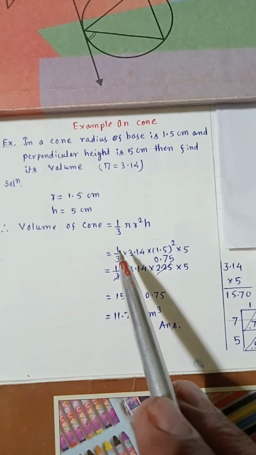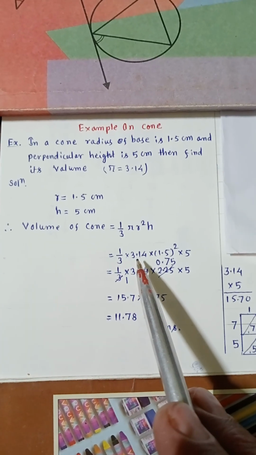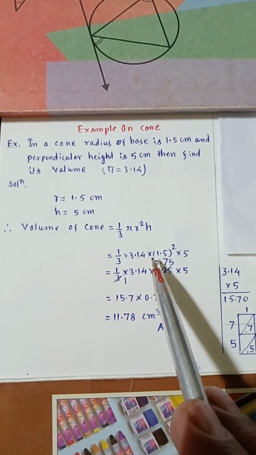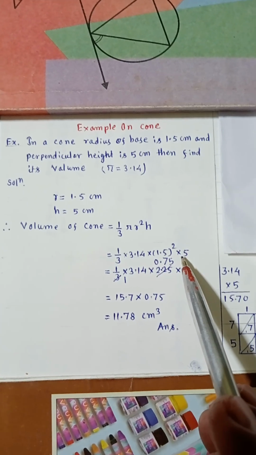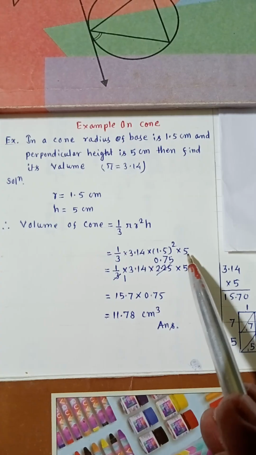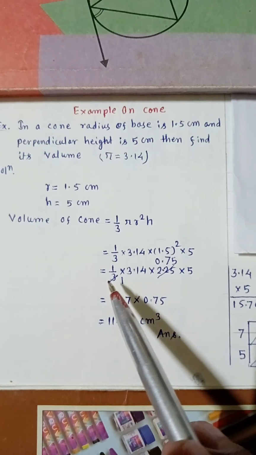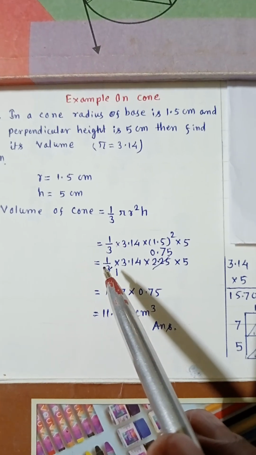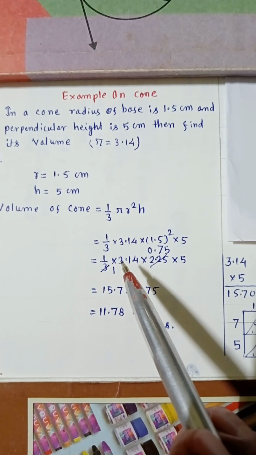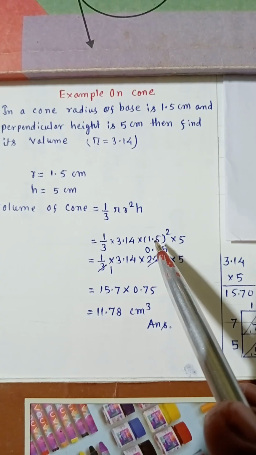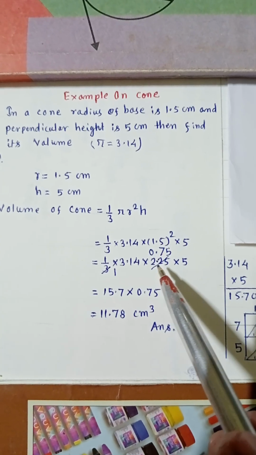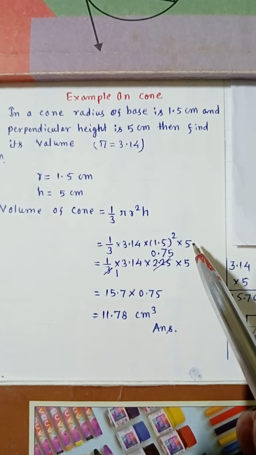That is equal to 1/3 into 3.14 into square of 1.5, which is 2.25, into 5.